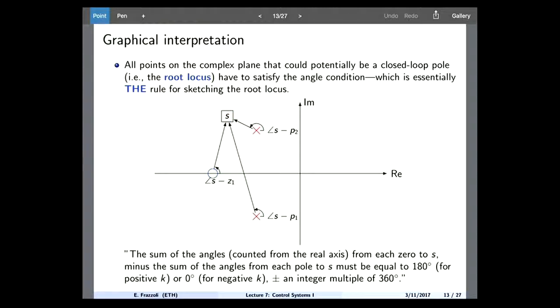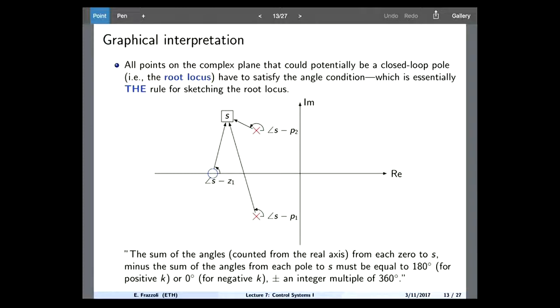What I will have to do is make sure that the sum of all the angles from the zeros to that particular point, minus the sum of all the angles from each one of the poles to that particular point, must be equal to 180 degrees plus or minus 360, or to 0 plus or minus 360.